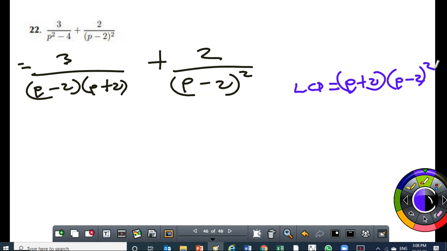If I were to give you a fraction like, say, 2 over 5 plus 14 over 35, okay? If I ask you to find the sum of those two fractions, what do you do?